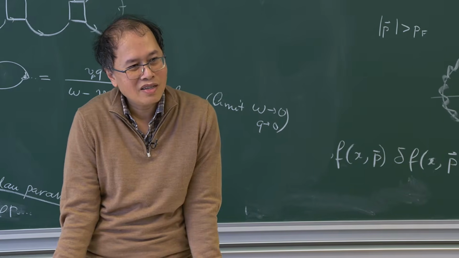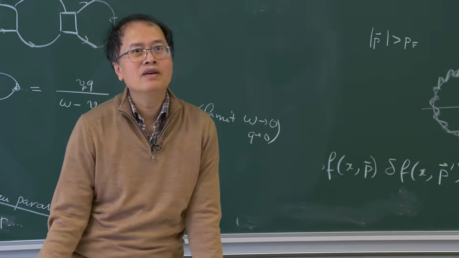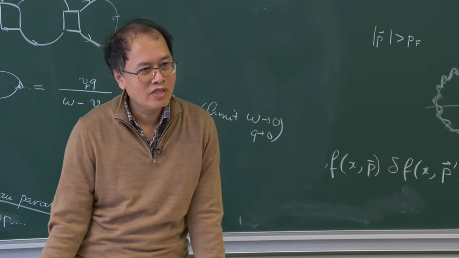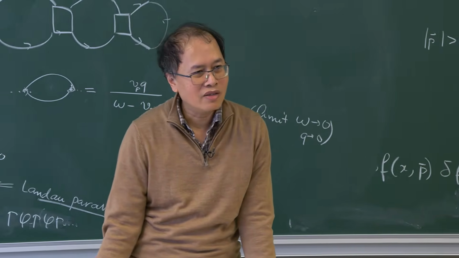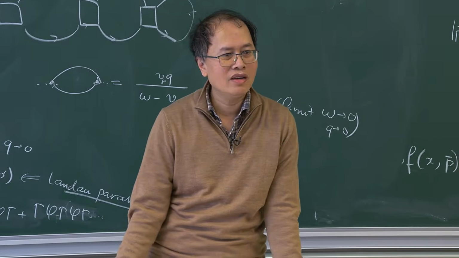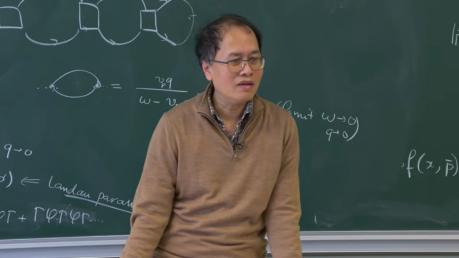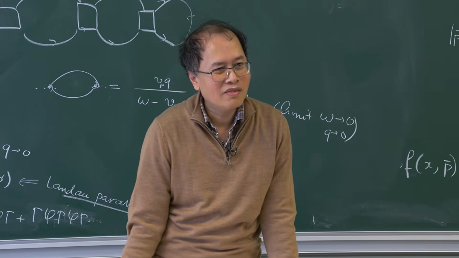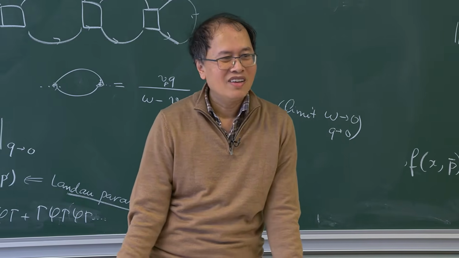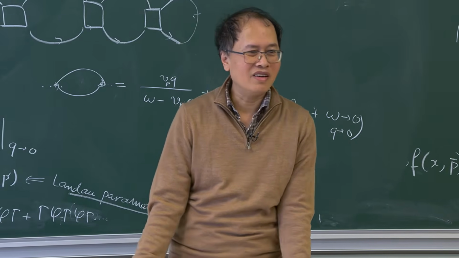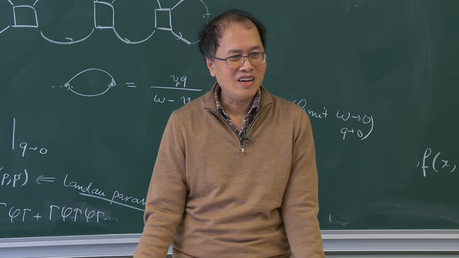Maybe in the beginning of the next lecture I can spend some time telling you about Polchinski and Shankar and how they tried to write down an effective field theory of this, and why in my view this effective theory fell short of the expectations of field theorists, I would say.